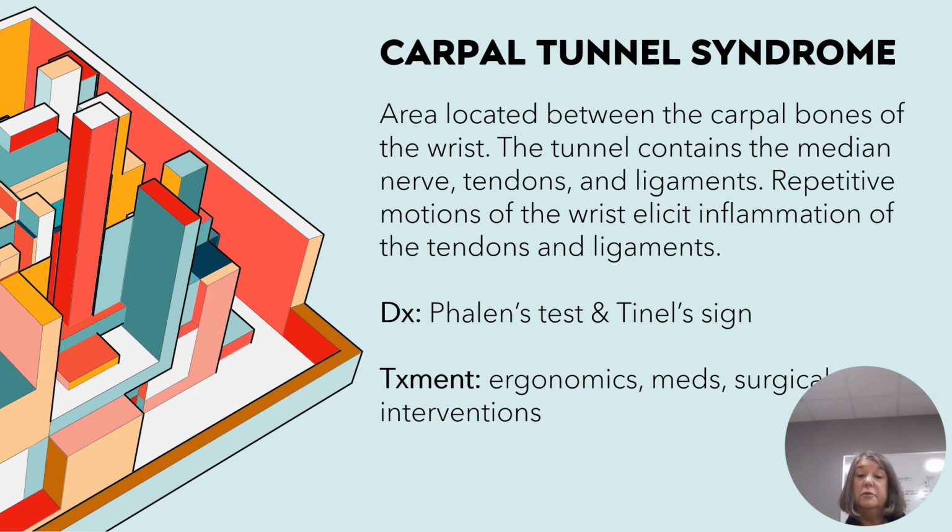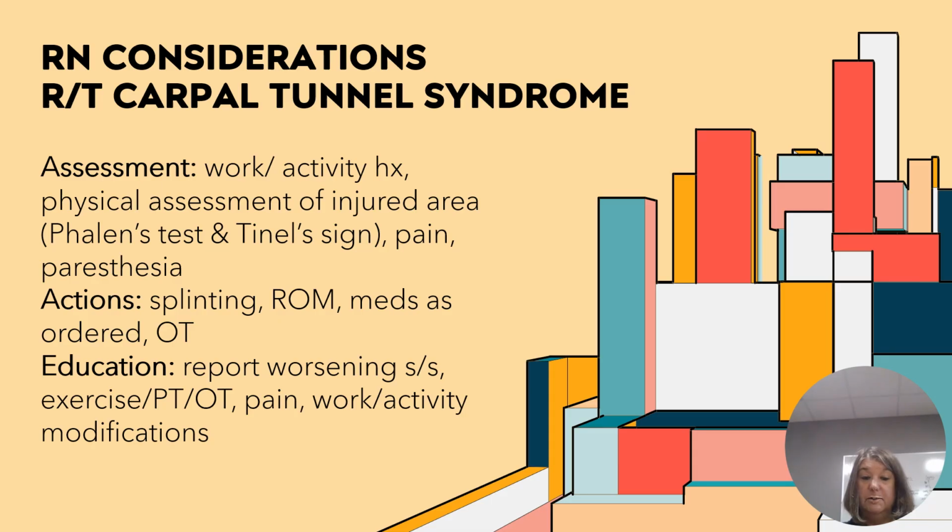They can do stuff like ultrasonic therapy, NSAIDs, steroid injections, maybe splinting at night, because they talk about the pain starting at night. And then, of course, there's surgical intervention. This is an outpatient procedure, and all they do is basically go in and cut the ligament so that there's no longer pressure on the median nerve. They just go in and undo it.